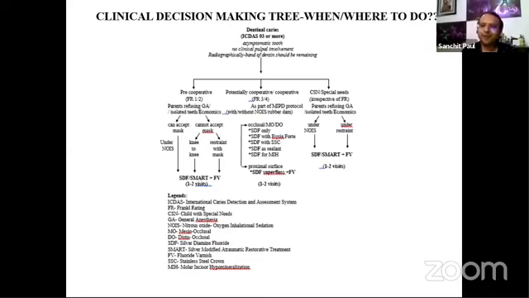Again, SDF is a topic where we can speak for hours and hours, but just to keep it simple, it can be used not only for pre-cooperative children, where the parents are refusing GA, or who can't cope with a lot of treatment. We can also use it in children who are potentially cooperative, but we want to use it as a MIPD, which is the minimally invasive pediatric dentistry protocol.